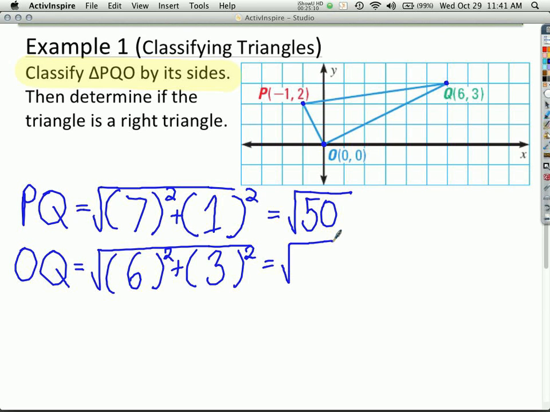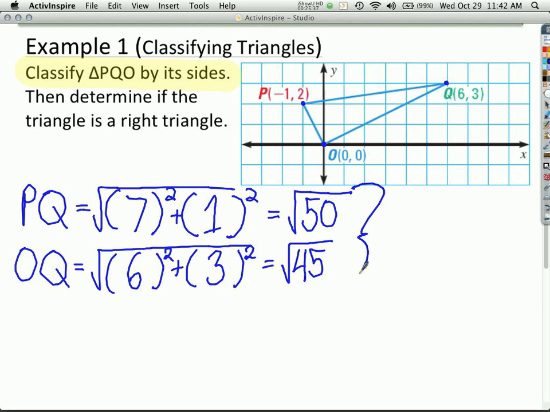So this comes out to the square root of what? This comes out to square root of 45. So we don't need to use our calculator to find the decimal. We can see that's not the same. So we now know that none of them are the same.